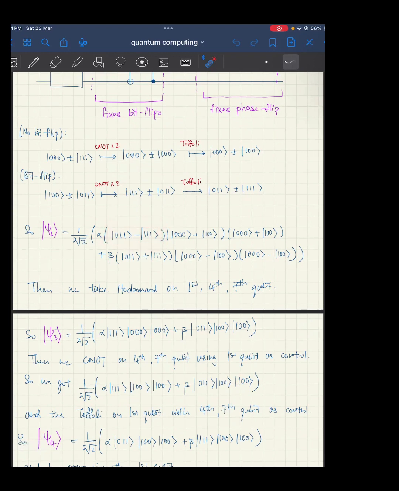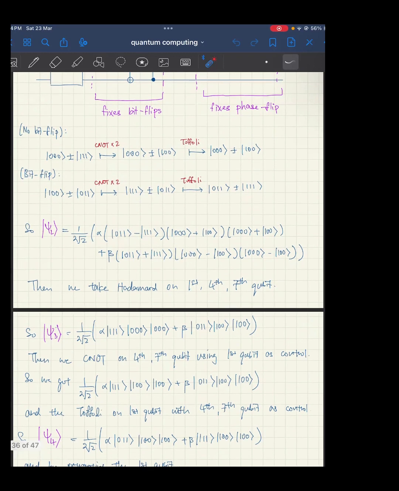If you look at the second and the third qubit, they are the same in both of them because they're both 1, 1. So what's really left for the first qubit is 0 minus 1. When we take Hadamard on 0 minus 1, of course with some normalizing factor, we get a 1, because Hadamard on 1 will give us 0 minus 1, and so Hadamard on 0 minus 1 will give us 1.